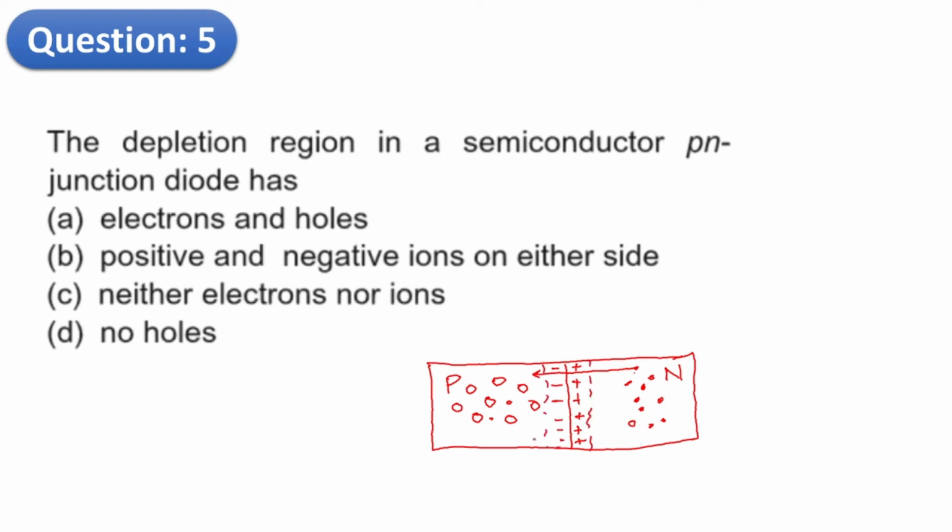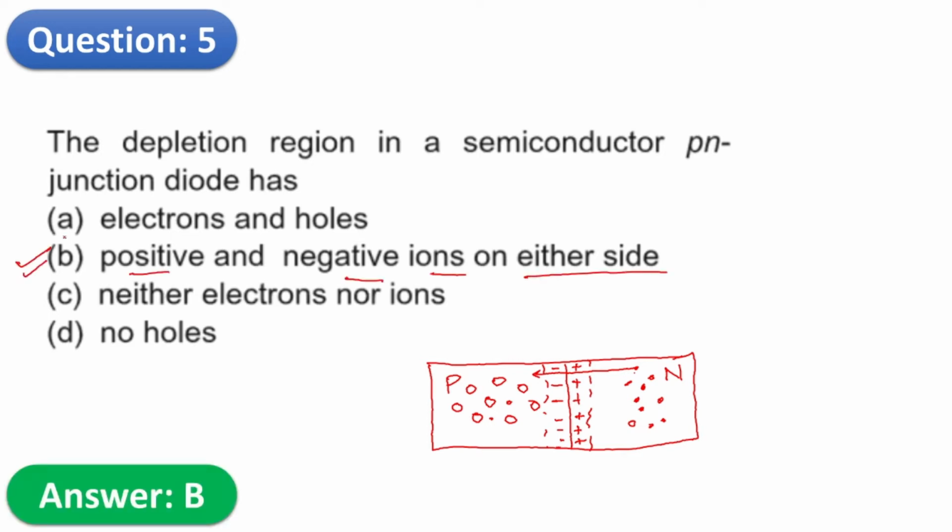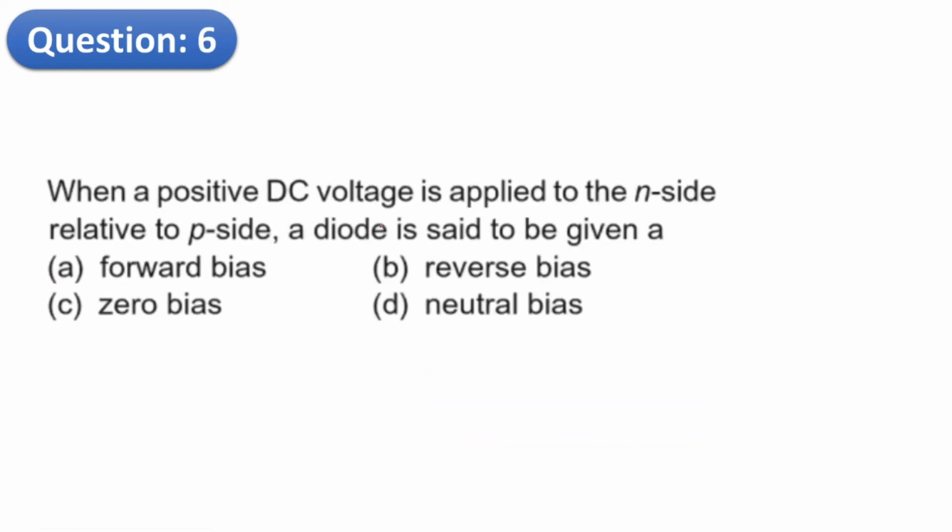Okay, so we can say there will be positive and negative ions on either side, so option B is the right option.